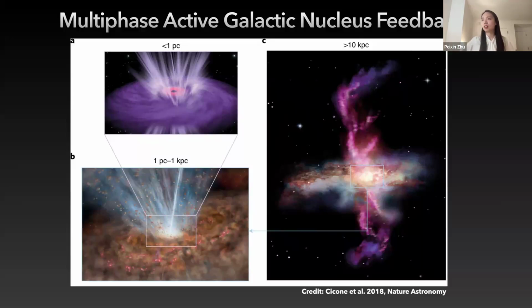These are basically attributed to a mechanism called AGN feedback. This feedback not only happens at one scale, but in multiple phases, at multiple scales. From the smallest scales on the top left, less than 1 parsec, you have basically just the black hole and its vicinity, including the accretion disk.